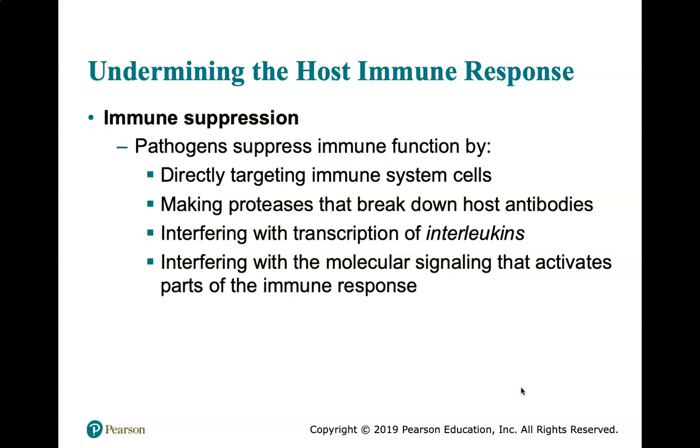But if the pathogen can interfere with that signaling, then that part of the immune system is just not going to function. And by not functioning, that pathogen will have the ability to continue to grow and increase in numbers. And the infection becomes much worse after that.